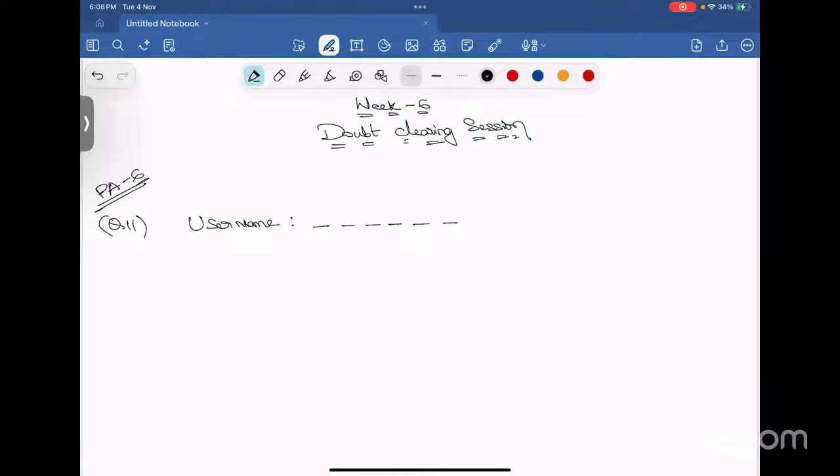So it can be 2 or 3 digits. Right. So these are alphabets, and these are digits.